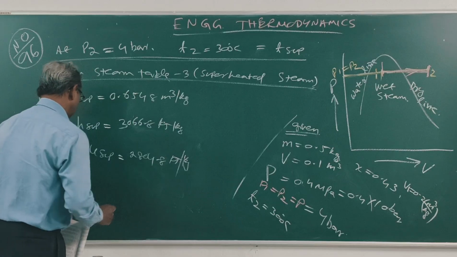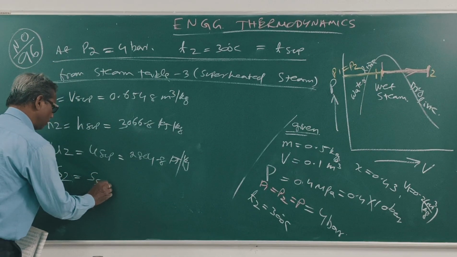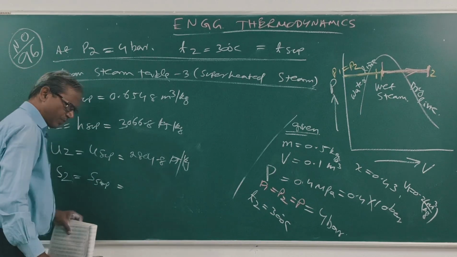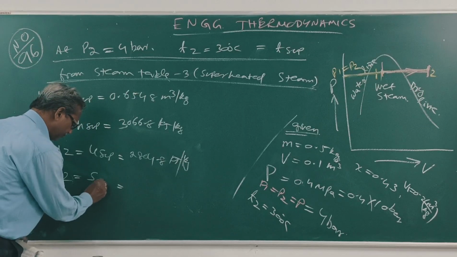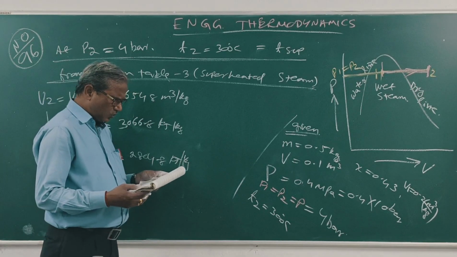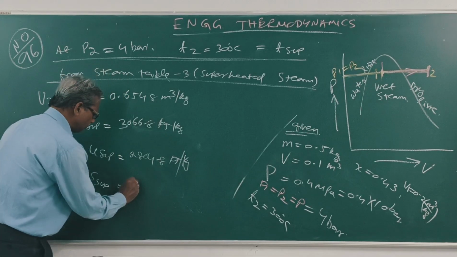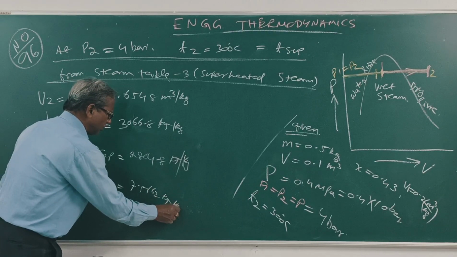Next, S2 means S superheated. For superheated condition, S superheated is equal to 7.5662 kJ per kg Kelvin.